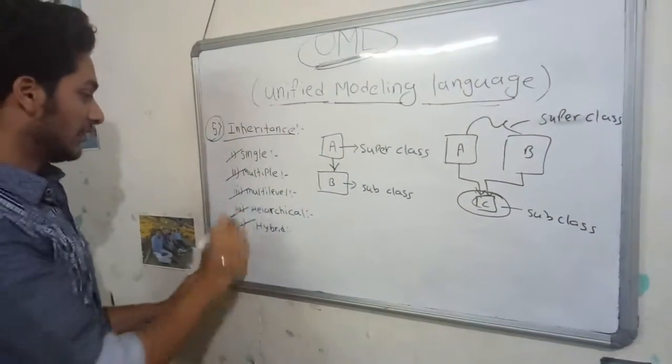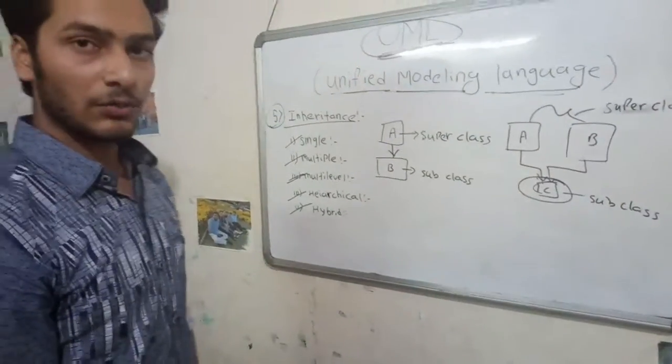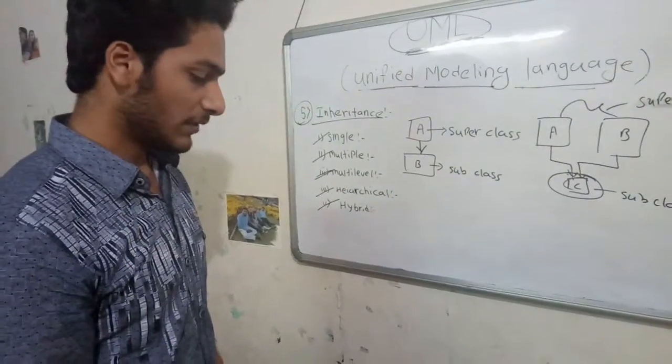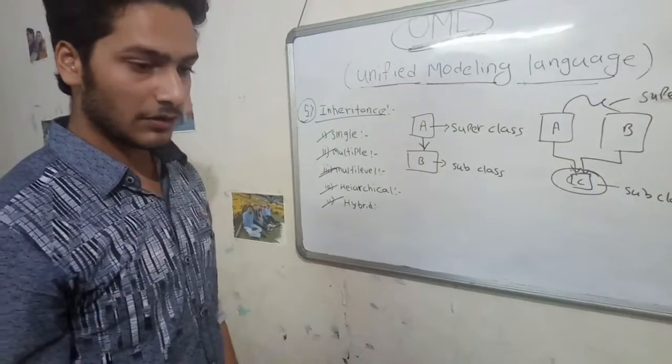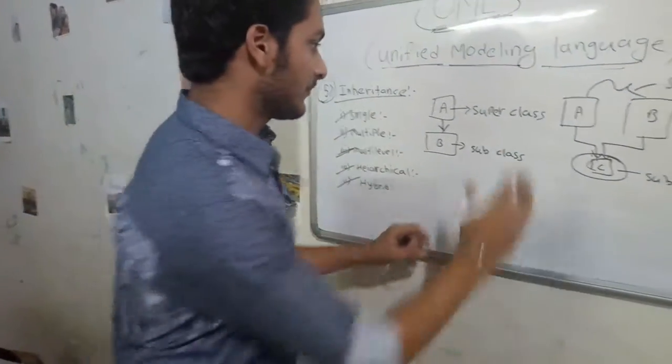The third one is multi-level inheritance, in which we have one or more levels, and the properties of one level are inherited by the second level and then the third level. Let's see.